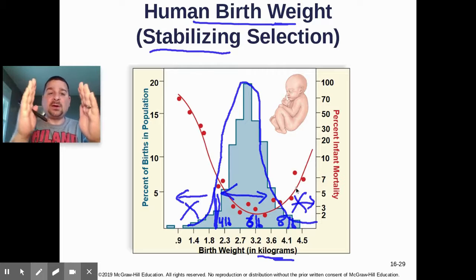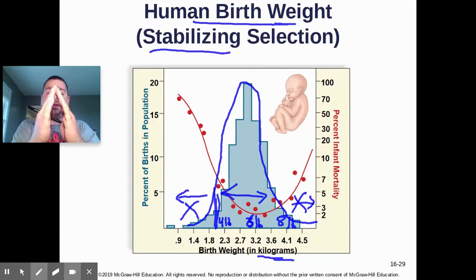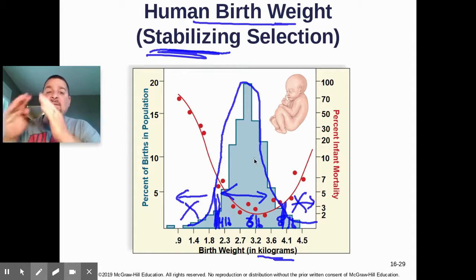So that took the curve and squeezed it together into this very narrow, what we call stabilized bell curve, around the very narrow range of phenotypes. Now with hospitalizations, we can keep babies alive that are younger, and also big babies in C-sections. It would be interesting over the next couple hundred years to see if this bell curve doesn't start to sort of widen out again because of the medical technology that we have.